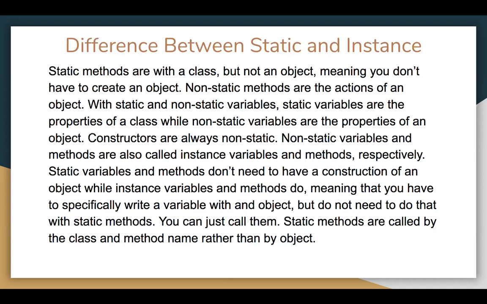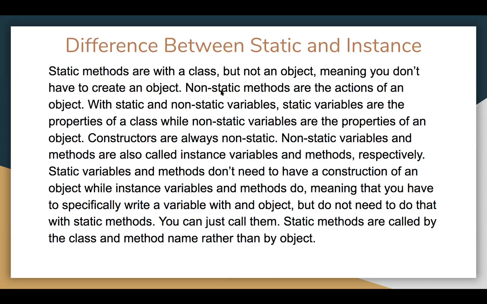A way to think of it is if you imagine a class as a person, instance methods are like the movements of that person. You might have a method named walking, and then the person will walk. But static methods are like random things, not with a person.